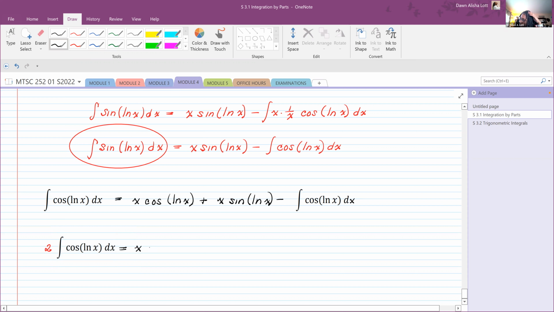Two times the integral equals x the cosine of the natural log of x plus x the sine of the natural log of x. And so now I'm done.